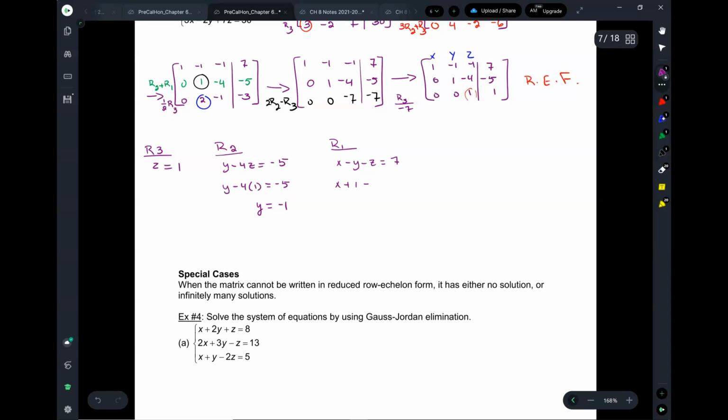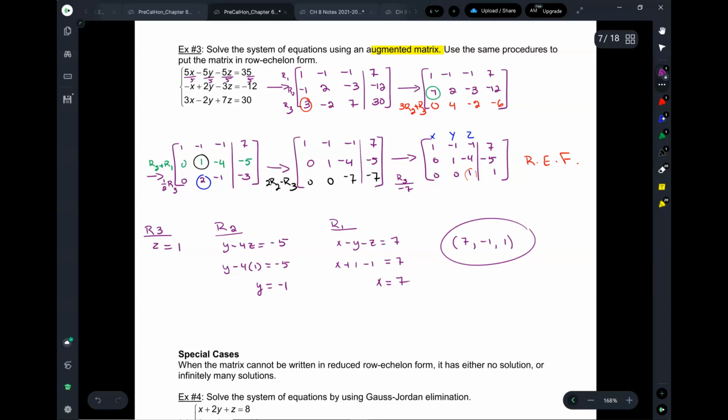X plus 1 minus 1 is equal to 7. X is 7. So I get 7, negative 1, 1. That is my solution. Okay? So much cleaner, right? Than having like the XYZs come along.